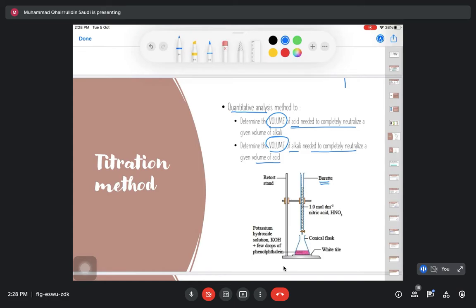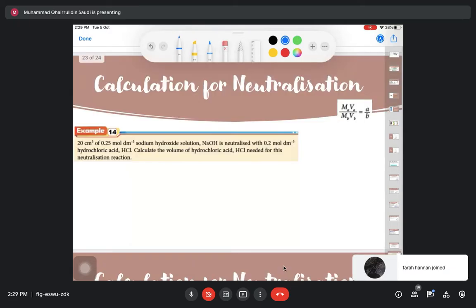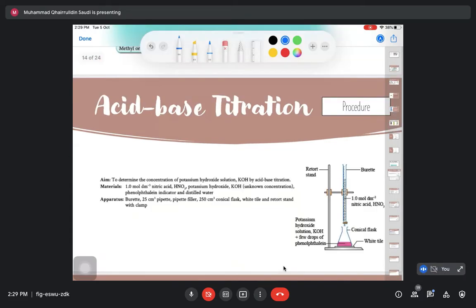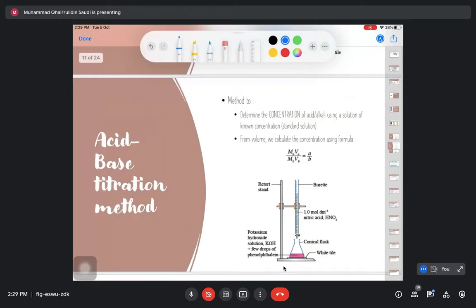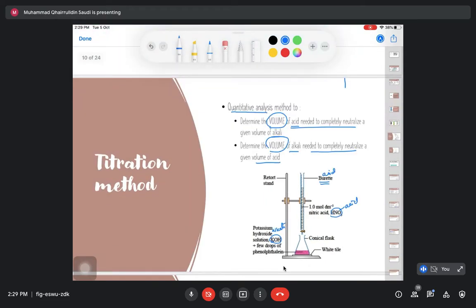In this picture, inside the burette is our acid. Inside the conical flask, we have our alkali.